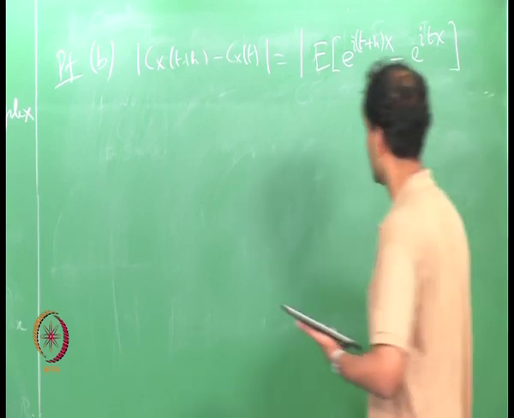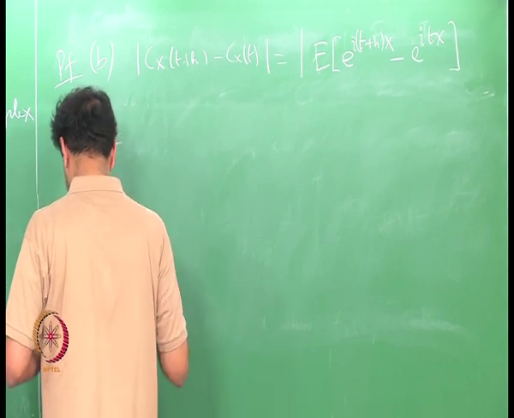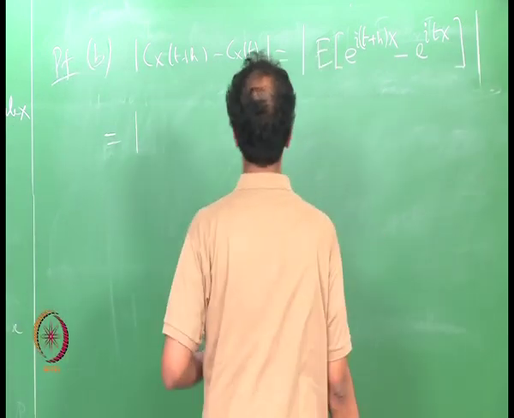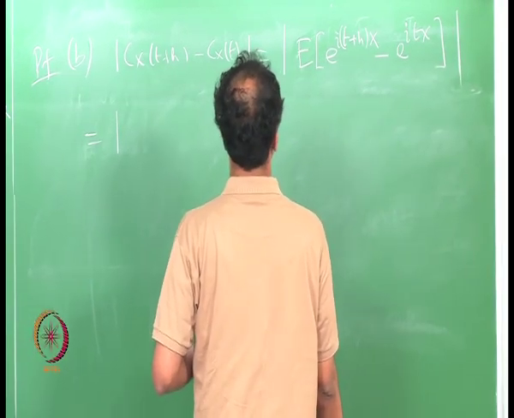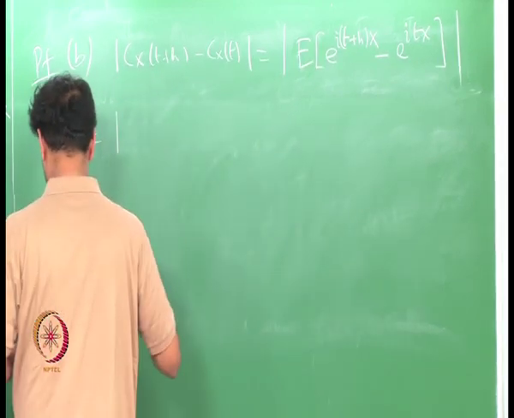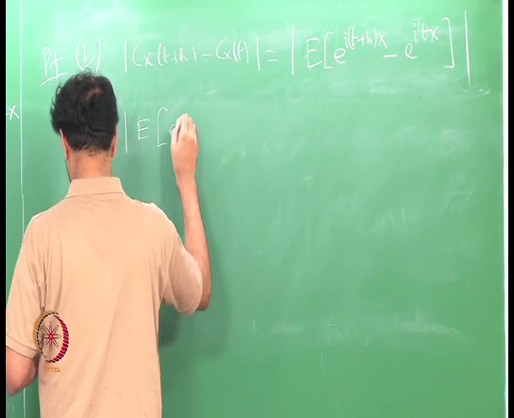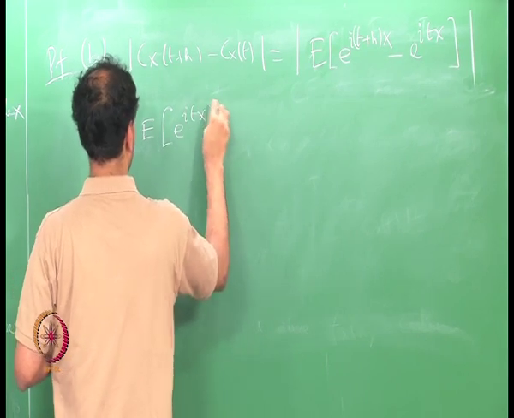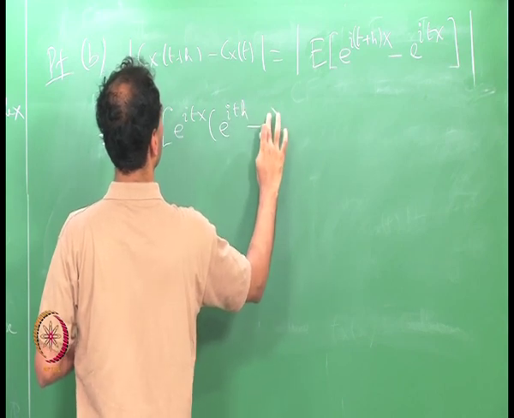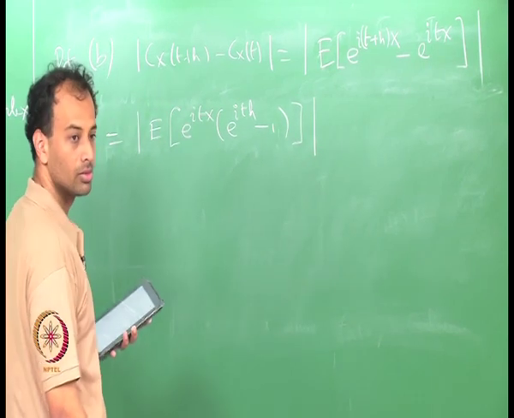I can write this as the absolute value of the expectation of e to the power itx times e to the power ith minus 1, right, agree with that.